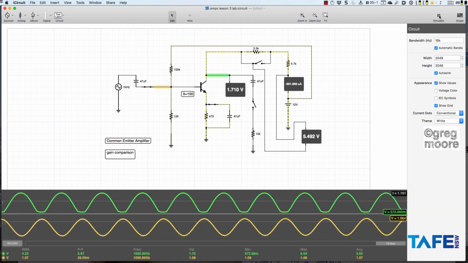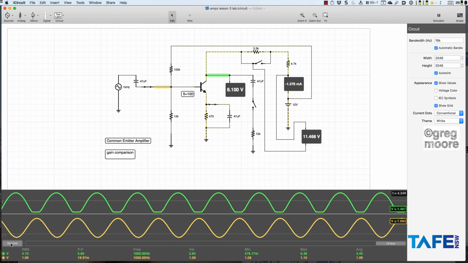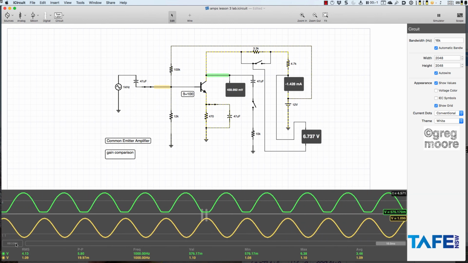All right, it'll take a moment to settle down. There we are. I've stopped that, and you can see there that severe saturation distortion clipping on the bottom there, which is distortion. I'll just stop that simulator again. So we're really pushing this thing to the limit now. Look at the collector voltage at that snapshot point in time, 2.93 volts.